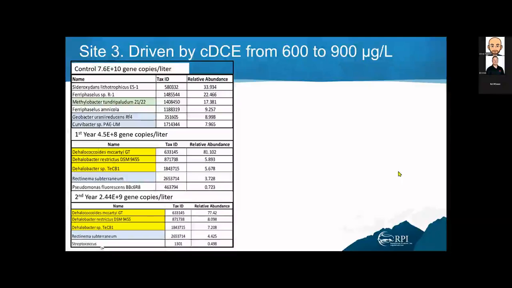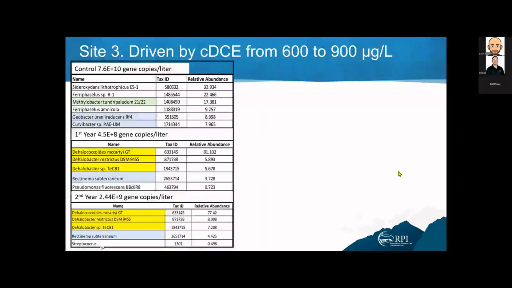But as you go through those, you don't really see any obligatory dehalogenating microbes. Maybe Geobacter is a facultative, that would be fair. But nonetheless, it's not a very exciting population. In the first year post Cat 100 injection, you see Helicoides McCartyi at 81%.